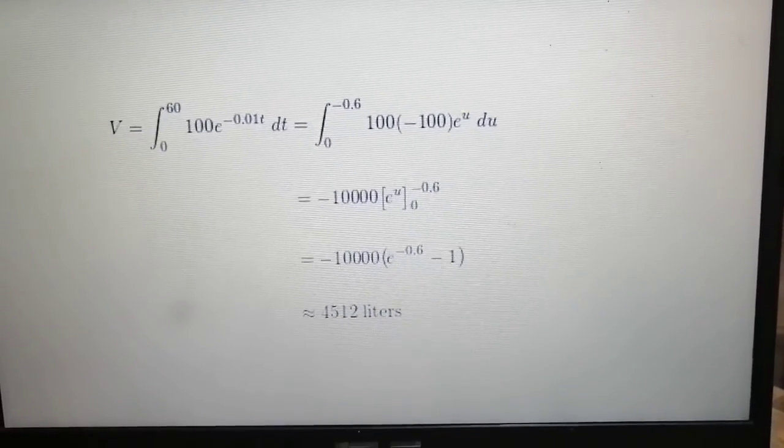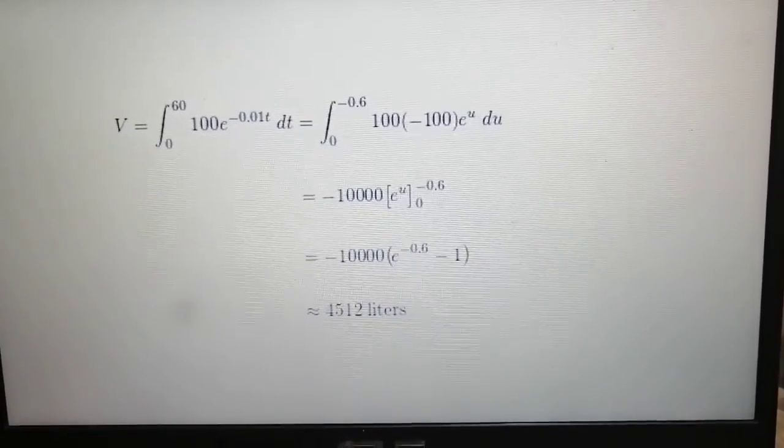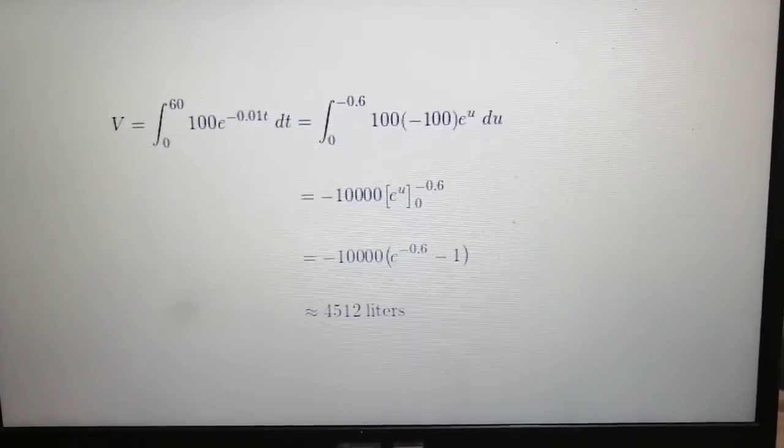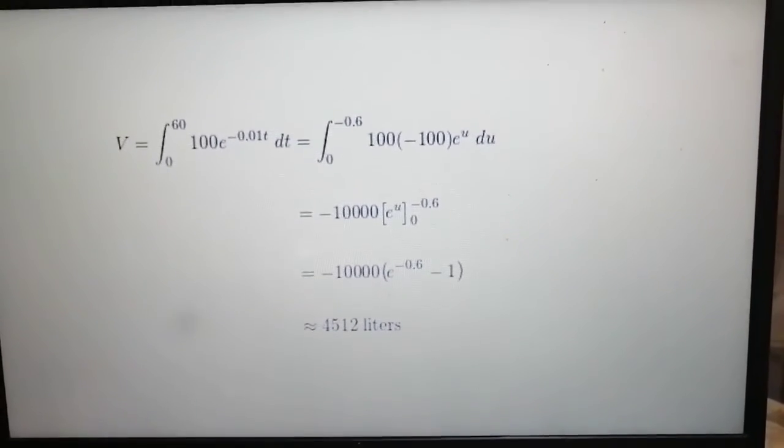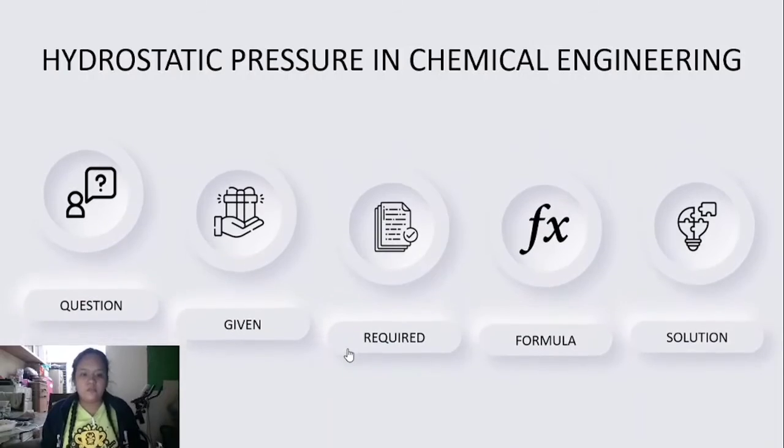Our final answer, the amount of oil that leaks after 1 hour, is approximately 4,512 liters.